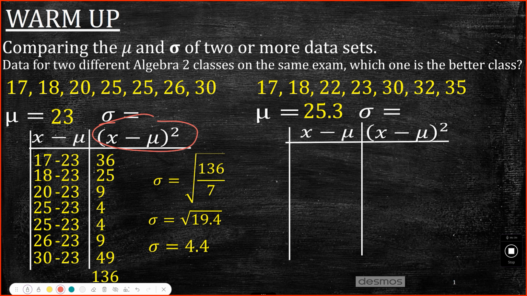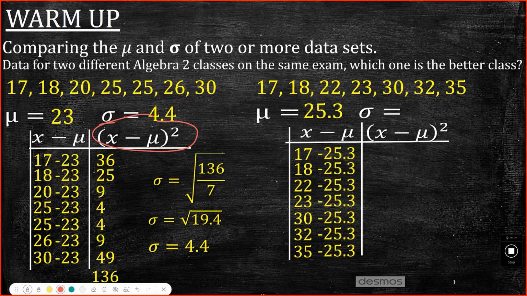Okay, so now, let's find the standard deviation for the second class. So you list it down, you subtract the mean. In this, you have to use your calculator. Well, you don't have to. If you can do it in your head, go ahead. But definitely, I would suggest you actually put this in a calculator. 17 minus 25.3, get an answer, square it. That's what we're doing.